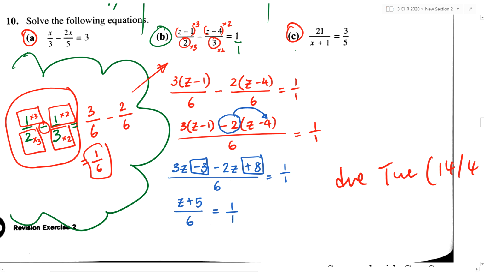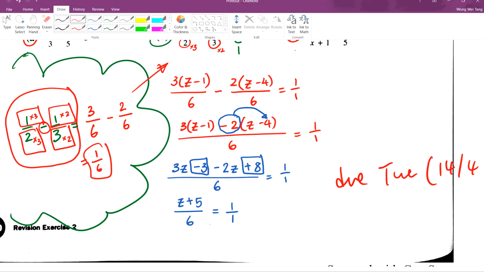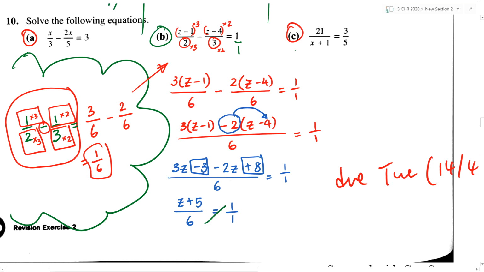Now we finally have a fraction on the left equal to a fraction on the right. We are going to do our multiplication. 6 times 1 must be the same as 1 times of z plus 5. So I'm going to do this side first. 1 time of z plus 5 is equal to 6 times of 1.